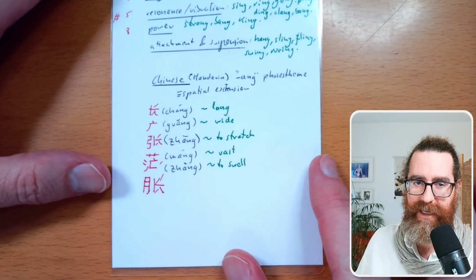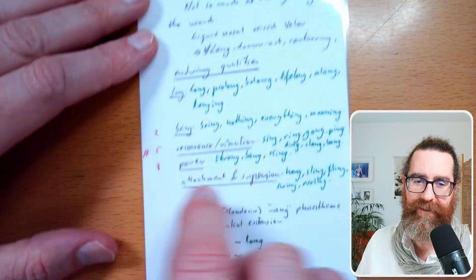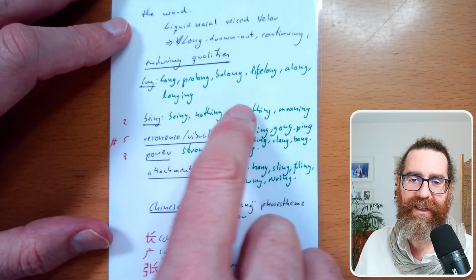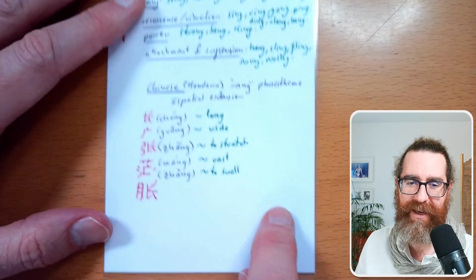So very interesting. As I was looking at this, many words finishing in ng, I came upon some words from Chinese which end in ng, and unfortunately I cannot read Chinese, but I will just show them like this. These are my notes. So I was looking at the ng linked to the 2, 5, and the 8. The longing of the 2 and the 8 of the power and attachment.